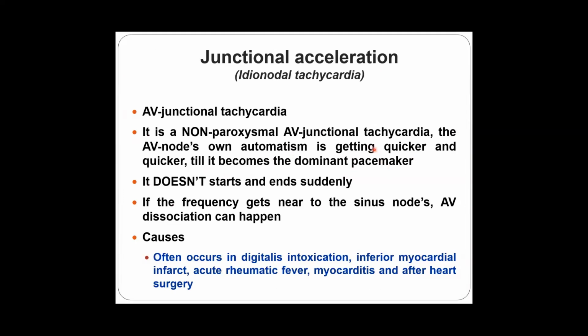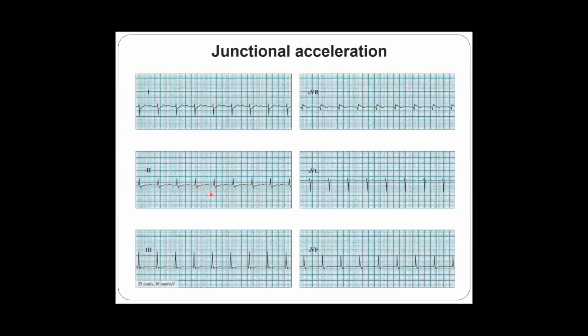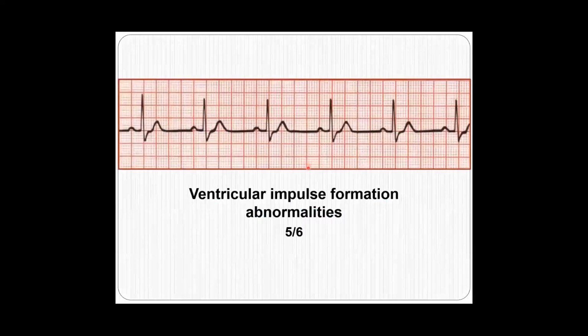However, you know that this impulse is coming from the junction, because you see no P wave, or you see negative P waves in front or behind, and the rate is falling into the normal range. This is called junctional acceleration or idionodal tachycardia. Such as this one, it is still less than 100, but you do see that we have P's behind the QRSs, so that's a junctional acceleration.